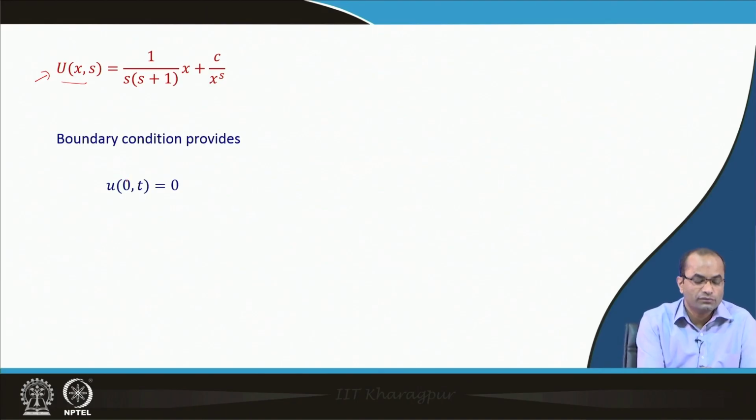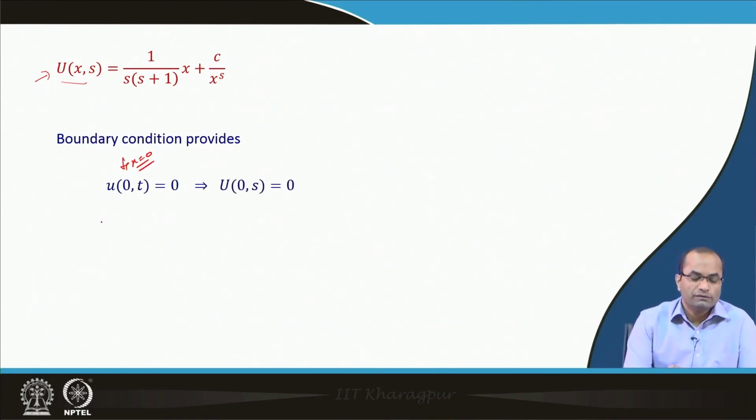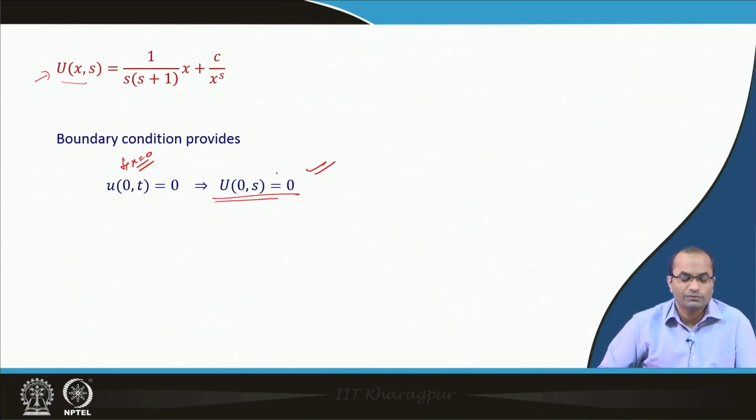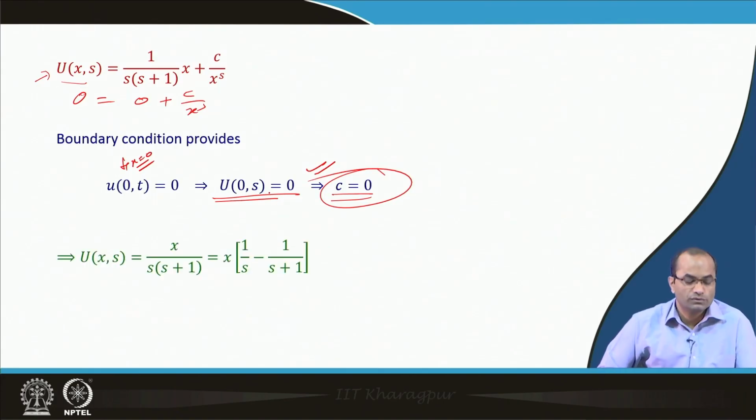The boundary condition was given as u(0,t), prescribed at x equal to 0. So u(0,t) was 0. When we take the Laplace transform, we get U(0,s) equal to 0, and if we apply this there, putting x equal to 0, the first term is 0, and then we have c over x^s. That will give c equal to 0.